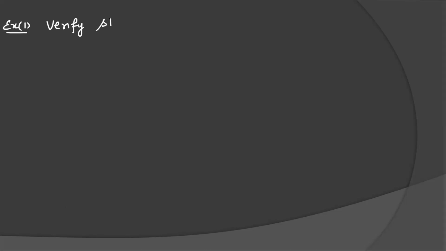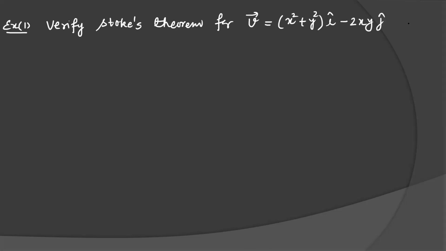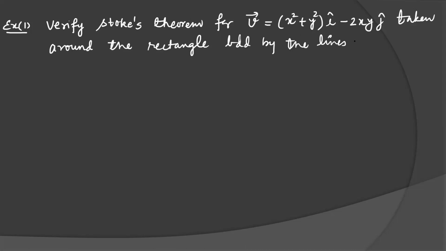Verify Stokes theorem for V vector is equal to (x square plus y square) i cap minus 2xy j cap taken around the rectangle bounded by the lines x equal to plus minus a, y equal to 0 and y equal to b.